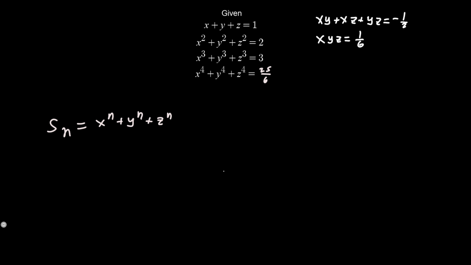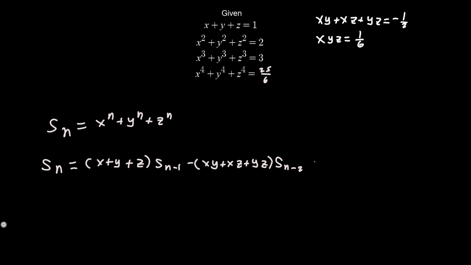And pretty much these are elementary symmetric sums, and the recurrence formula is Sn equals (x plus y plus z) times Sn minus 1, and then minus (xy plus xz plus yz) times Sn minus 2, and then plus xyz times Sn minus 3.